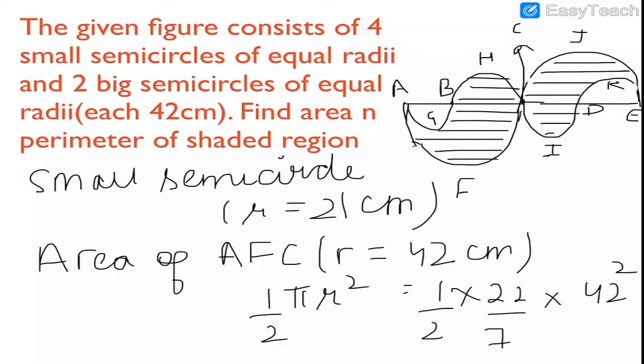And we have 2 such semicircles. We have another semicircle as CJE, so we'll multiply 2. So this is our required area.